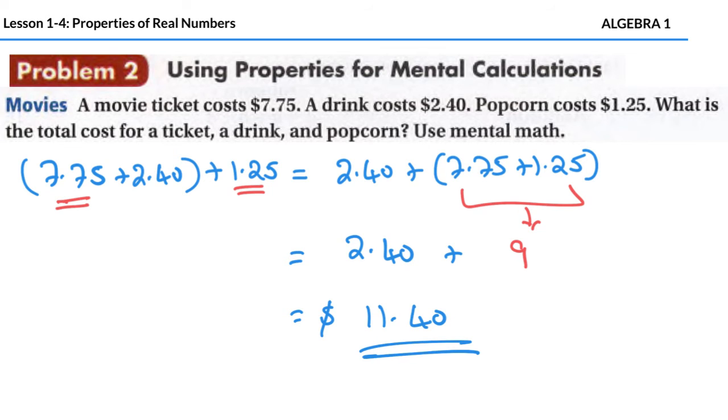So you can easily use associative property to check whichever is easier to add first, and then take the sum and add it to the third item. Great. This is the use of properties in solving problems. It makes it easy. So let's move on to more problems.